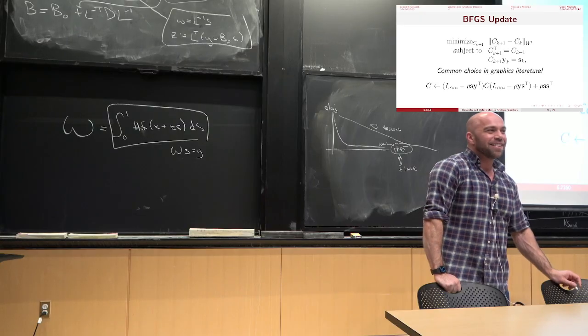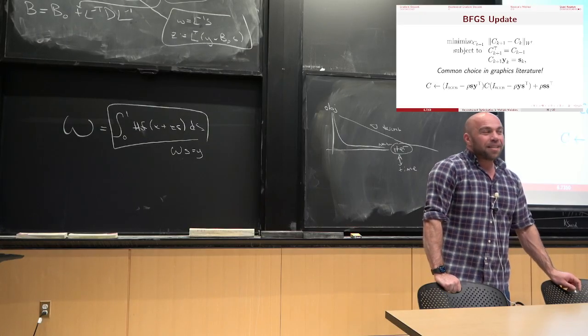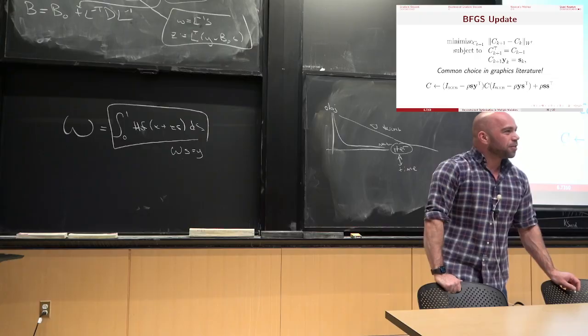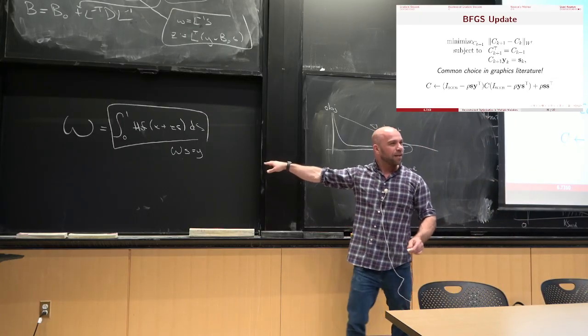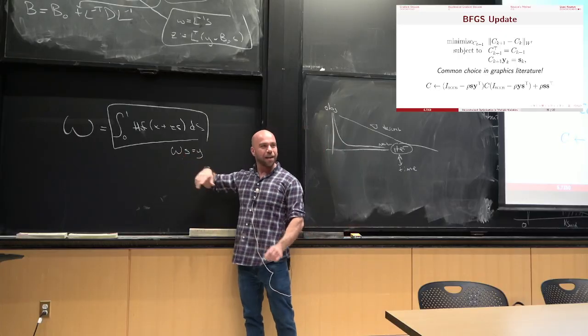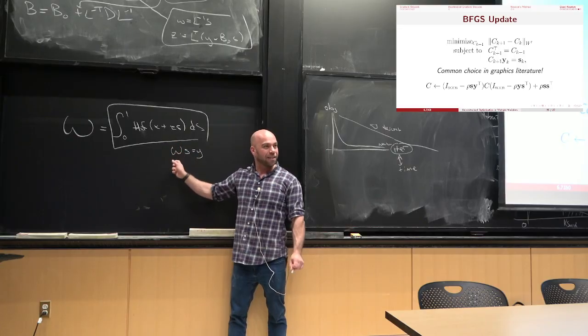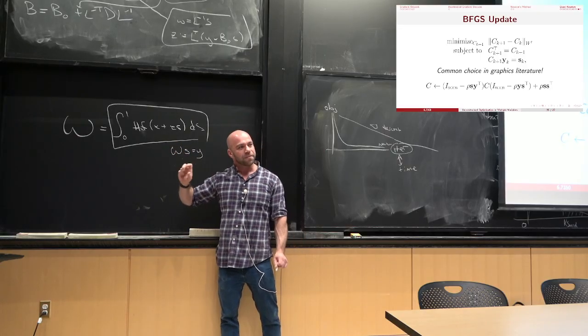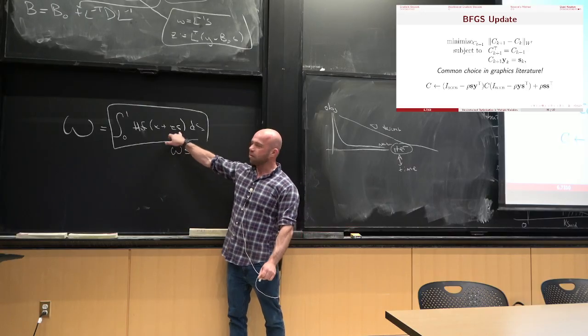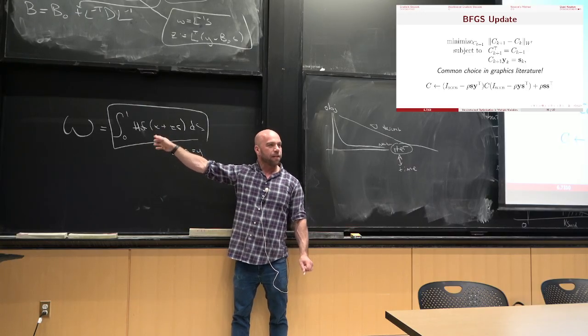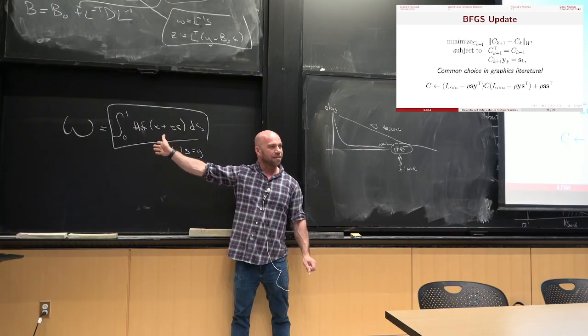Really sneaky, yeah? Now, to be absolutely clear, what you should do at home is check that this definition satisfies two things: Ws equals y and W being positive definite. Notice if f is a convex function, then this is positive definite for free. And moreover, Ws equals y is basically just a consequence of the fundamental theorem of calculus.